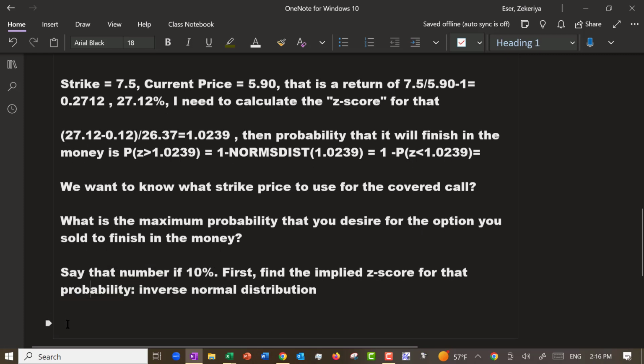Probability. So desired z equals NORM.S.INV of 1 minus 0.10, okay? Because I'm looking for the upper tail.